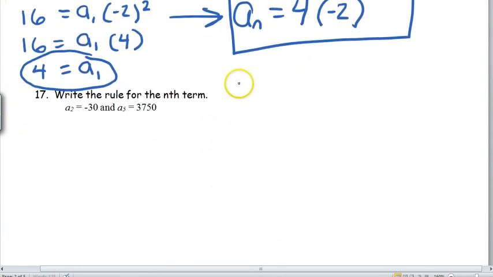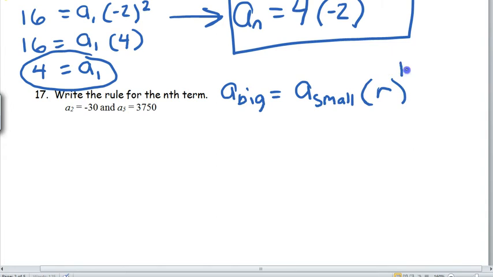Number 17. There's another formula that we have to use for this one. Are we given A1? Are we given R? We're not given either one. When we're not given either one, that's when we use the weird formula that goes like what? That's when we do the A big equals A small R to the big minus small.